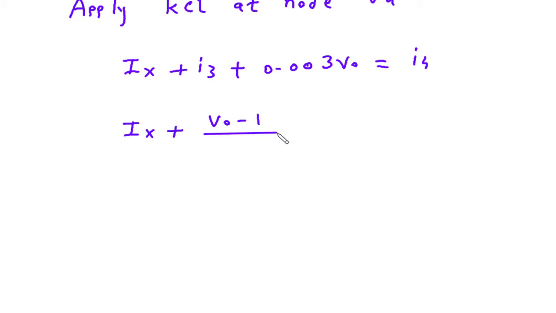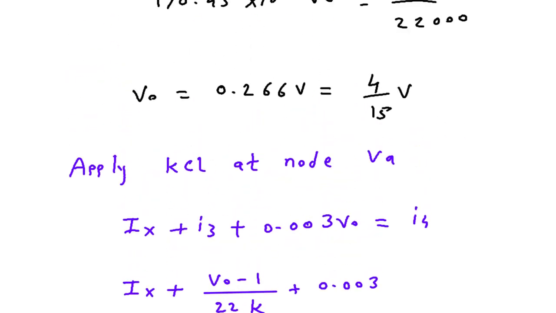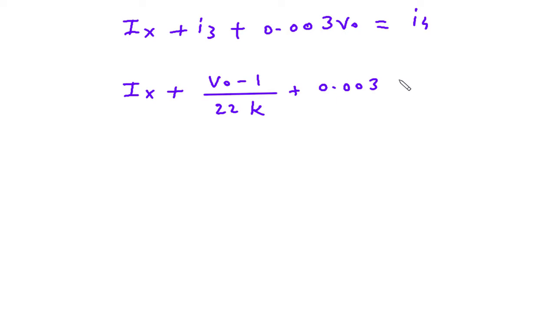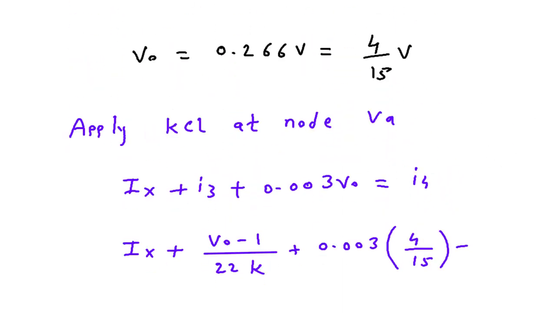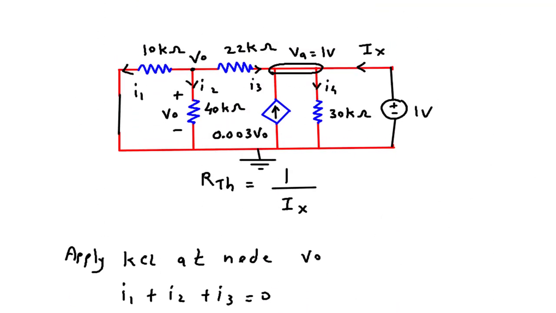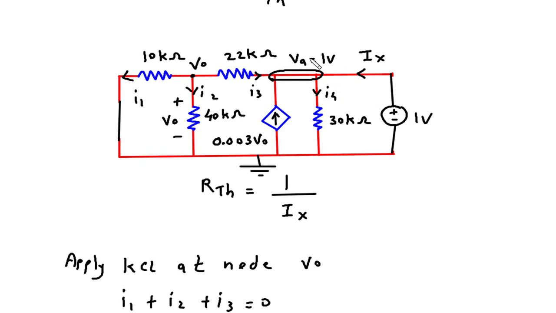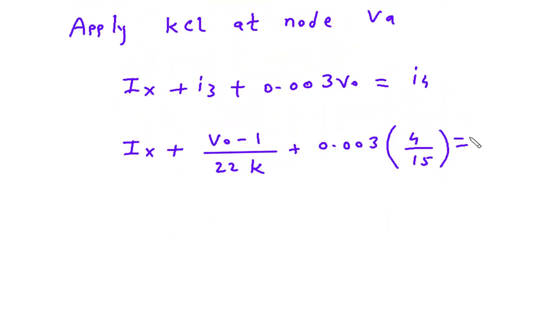VO minus 1 by 22k plus 0.003 VO, where VO is 4 by 15, is equal to I4. Now this I4 is 1 minus 0 by 30k.